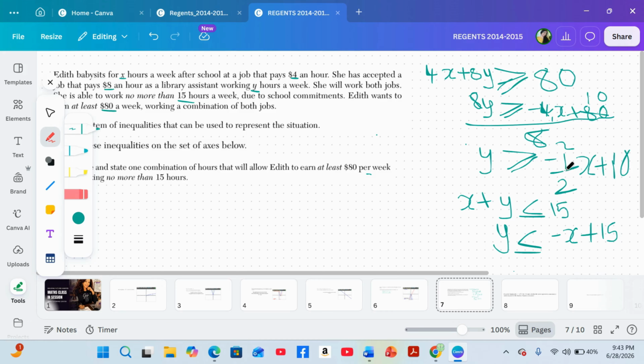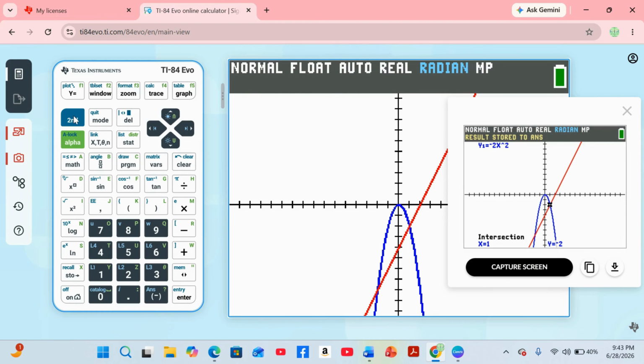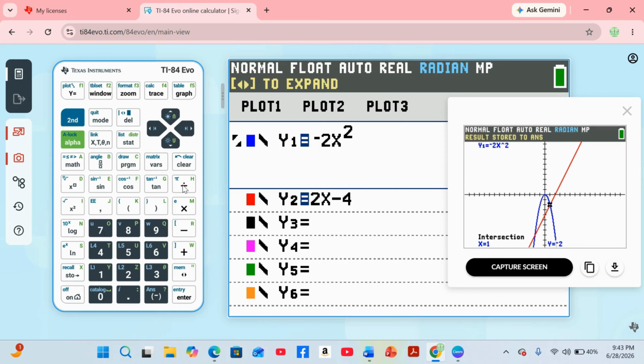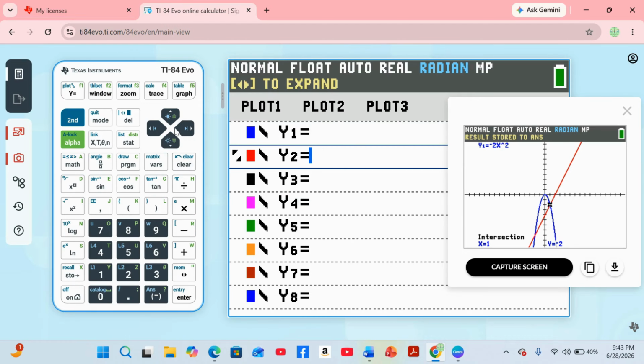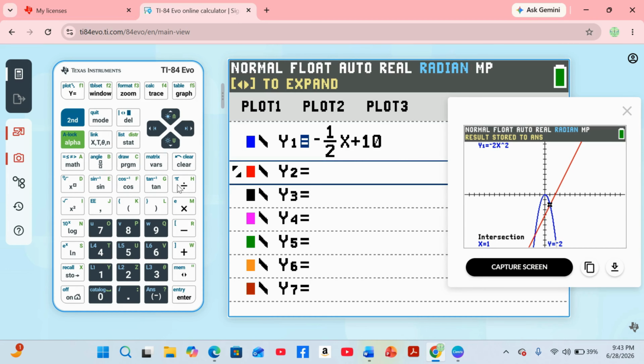Negative half of x plus 10. So negative half x.